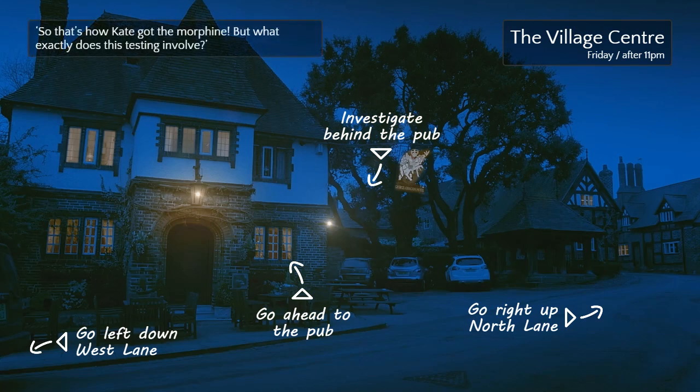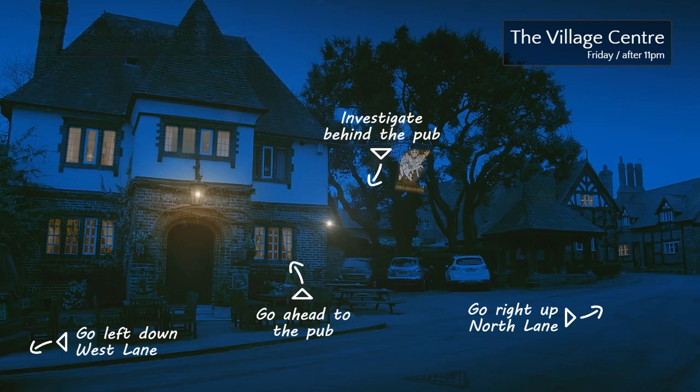So that's how Kate got the morphine. But what exactly does this testing involve? Could this have been what killed Kate? 11 o'clock. Just an hour left to solve this thing.